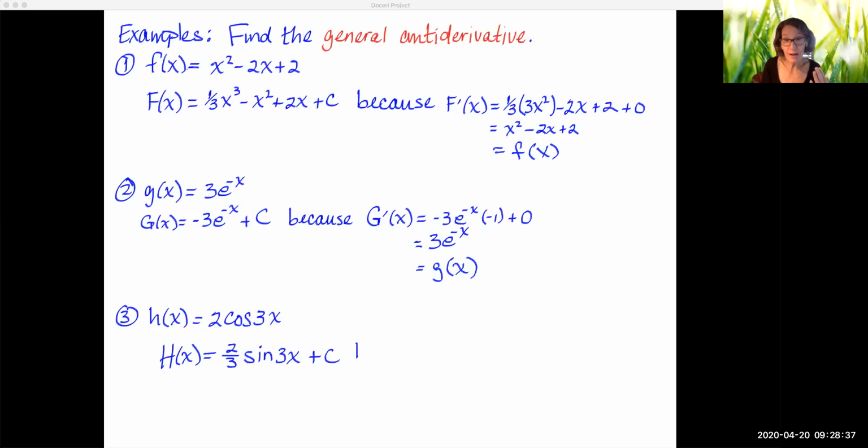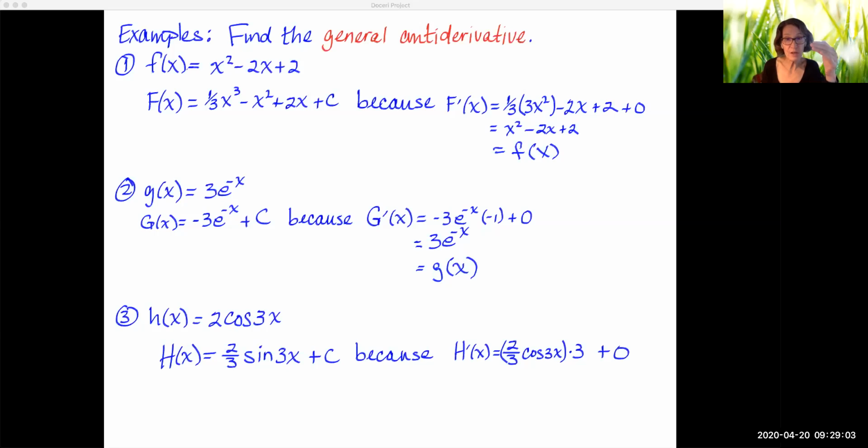And I check by differentiating. So if I differentiate this, h prime of x is going to be 2/3 times cosine 3x times the derivative of the inside, which is 3, plus 0. So the chain rule means it's the derivative of the outside, which is cosine of 3x.